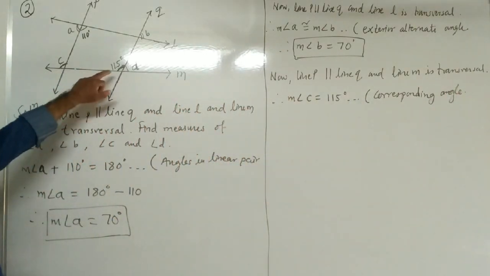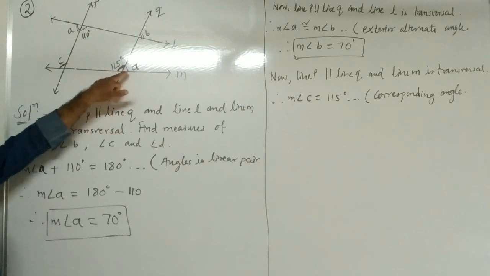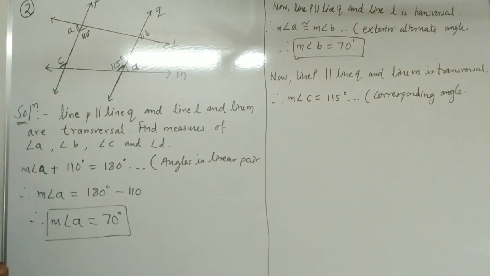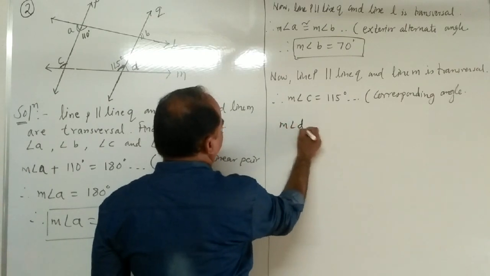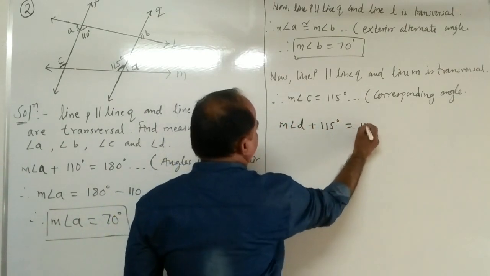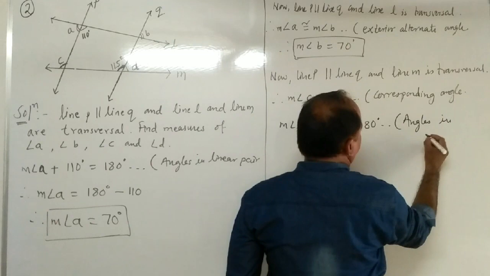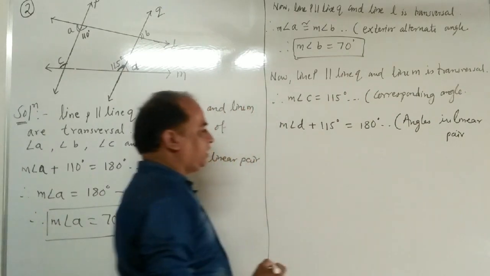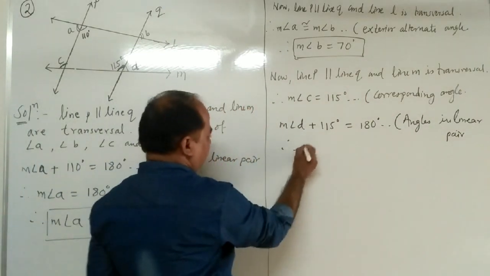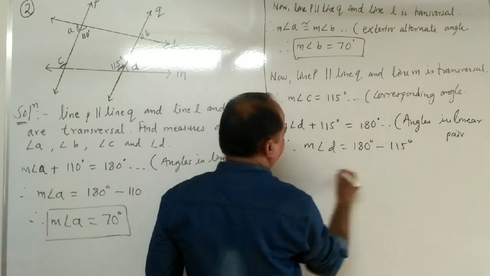Now last, measure angle D. If you see, this angle D and 115 are on a straight line. Angles in linear pair. So the sum of the measures of angles in linear pair is 180 degrees. Therefore, now measure angle D plus 115 degrees is equal to 180 degrees. Therefore, measure angle D is equal to 180 degrees minus 115.